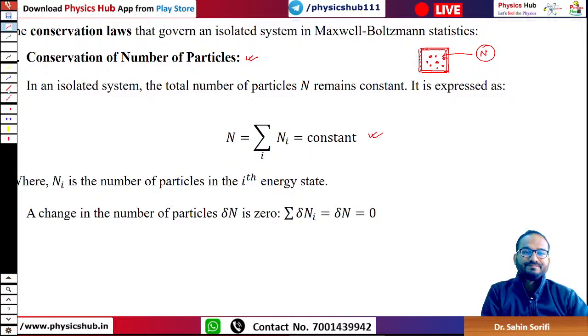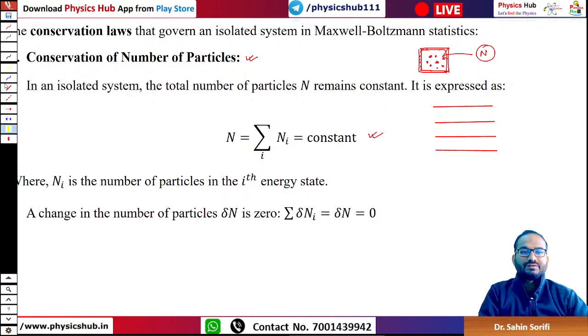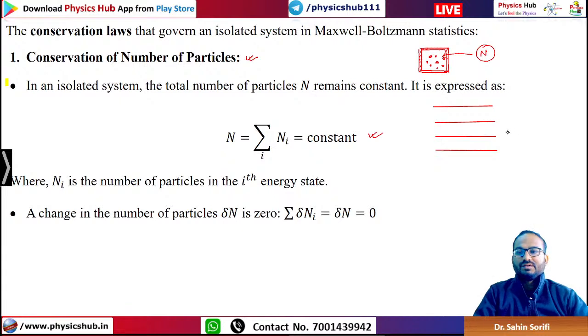What does it mean? It means that you may have different energy levels like this. Let's say this has energy E1, this is E2, this is E3, and so on, let's say Ei. So E1 may contain some number of particles, E2 will contain some number of particles, E3 will contain some number of particles, and let's say Ei is also containing some particles.